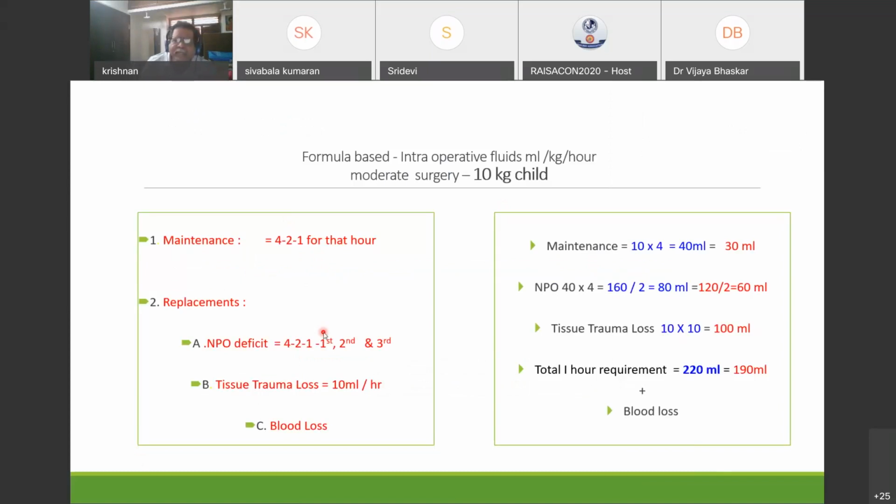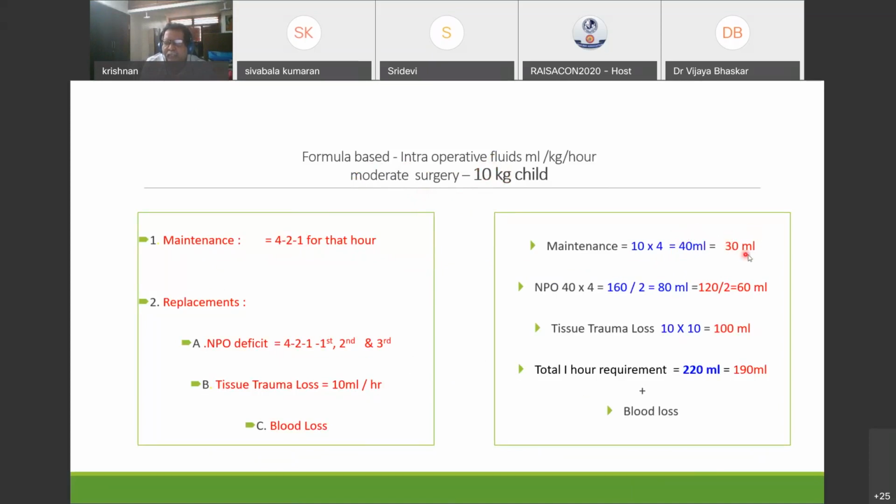So now we'll take an example. We'll take a child who's 10 kgs of weight coming for a moderate surgery. So the amount of fluid that we will give for that particular hour will be, maintenance for 10 kg will be 40 ml. So I am going to restrict it to 80% or 75%.